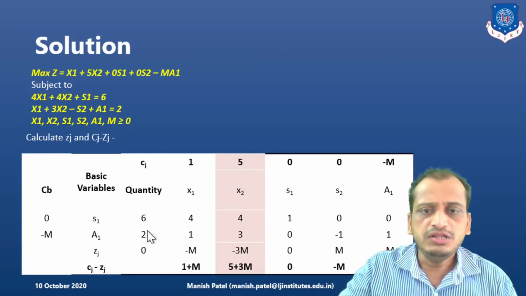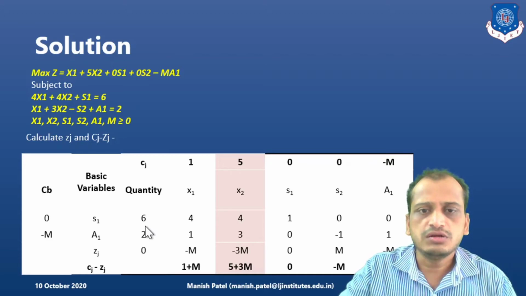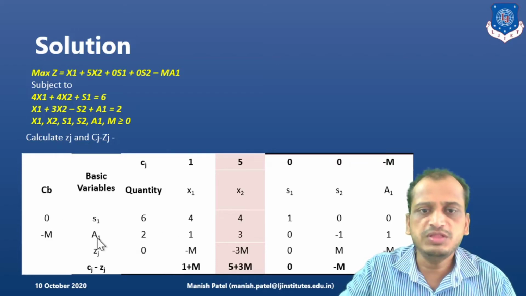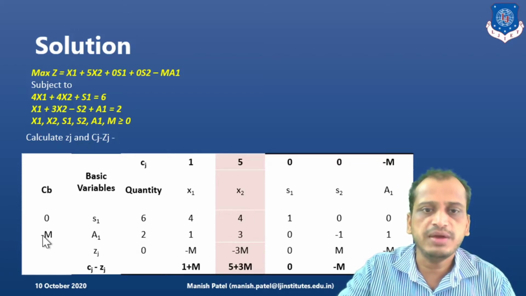Now, writing the coefficients of the two constraints, how do we find out zj? Here, the quantity is given and the cb, the coefficient of the basis variable in the objective function, is given. What is the coefficient of s1 in the objective function? 0. So we write 0 here. Same with a1, it is minus M, so we'll write minus M here.